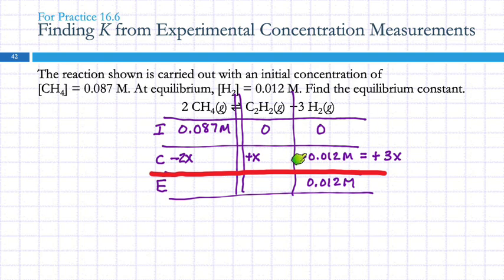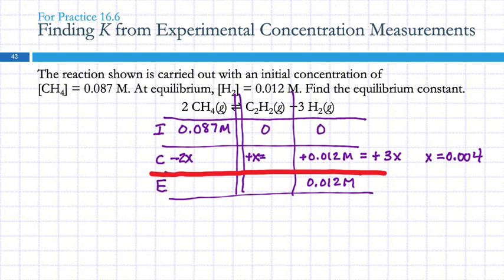Well, we found this change, and that is equivalent to 3 x's. What does x equal then? 0.004. Okay? Now, we can take this, and we can just stick it in there, and we don't have to worry. Was I supposed to divide by 3 and multiply by 2, or the other way around? It can get confusing.